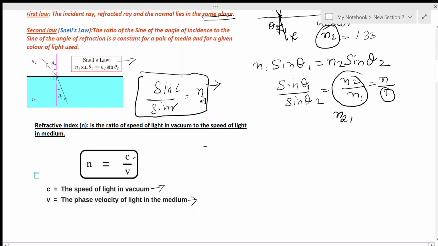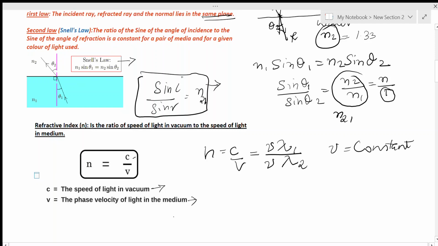How will we write? So you know that n is nothing but c by v. C is nu lambda, as you studied. So the first medium has nu lambda 1, where wavelength is nothing but the color, and the second medium, let us imagine, is nu into lambda 2. We have used nu, the frequency, the same in numerator and denominator, because when the ray of light passes from one medium to the other, its frequency is a constant.